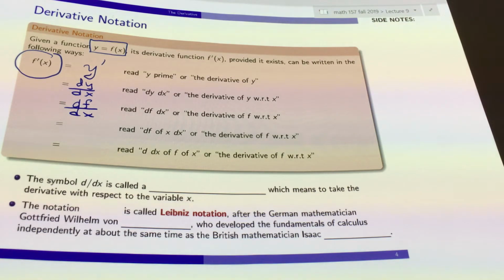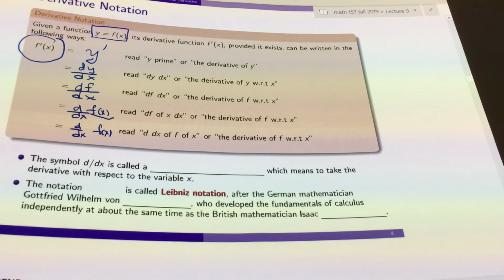Sometimes you will also write f of x to specify the function, so d f of x dx. You can put it here or you can put it out here. Let me write it this way, as a fraction: d f of x over dx.